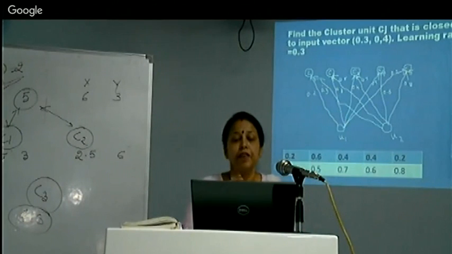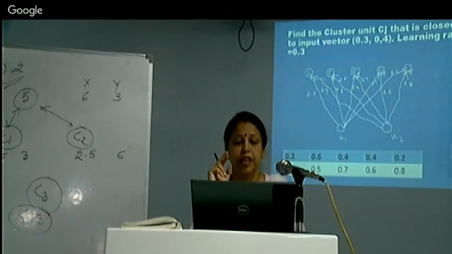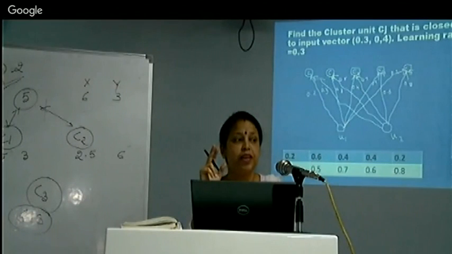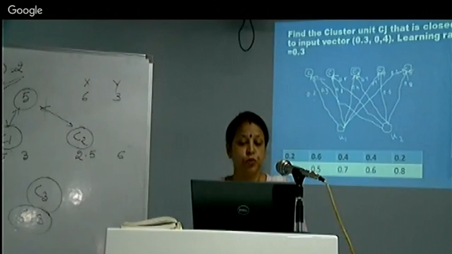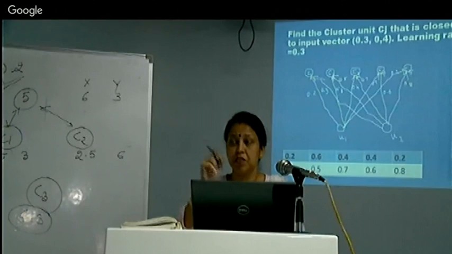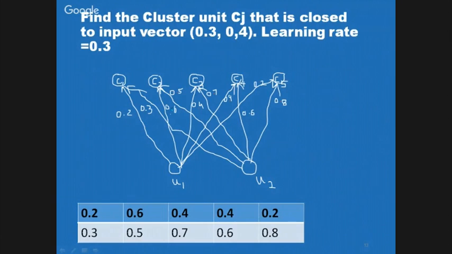There are 5 clusters, C1, C2, C3, C4 and C5, and U1 and U2, these are my 2 neurons. You can just note down and draw it: U1 and U2, and there are 5 clusters.